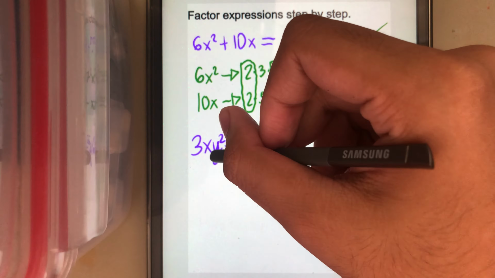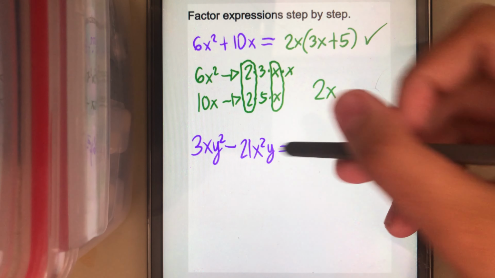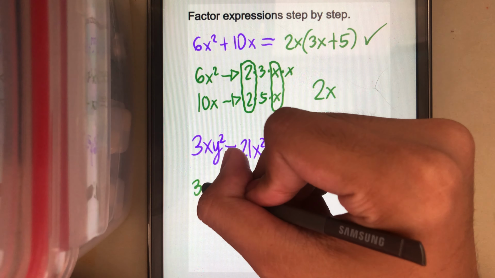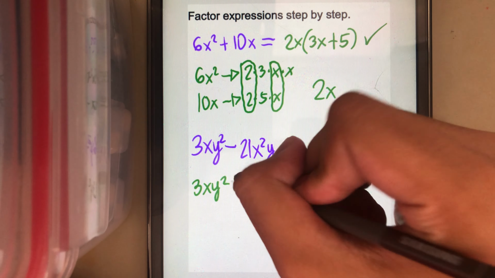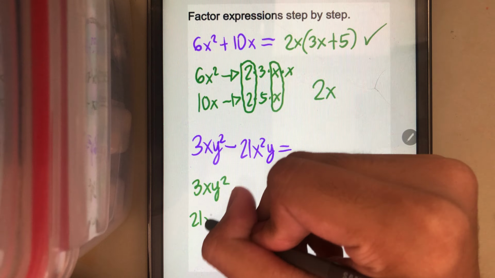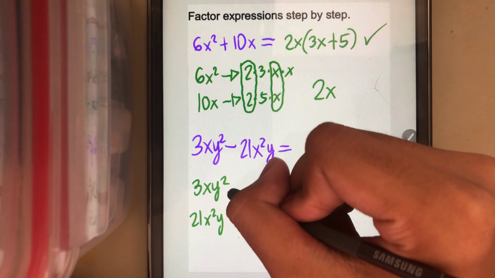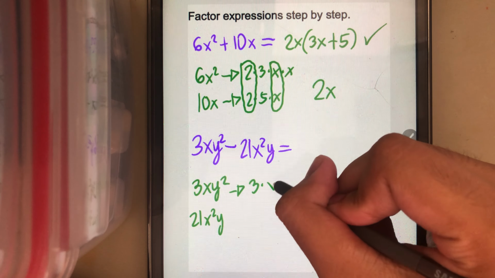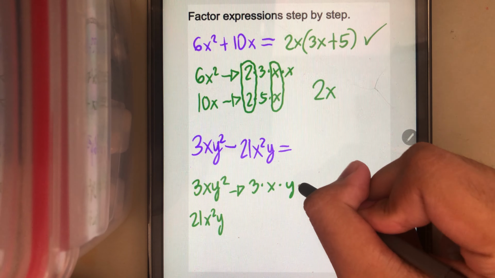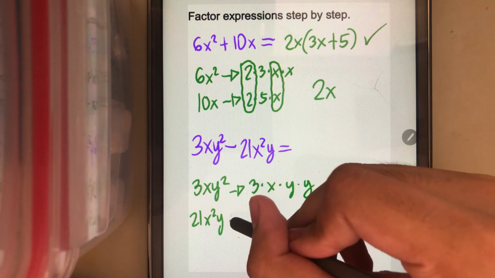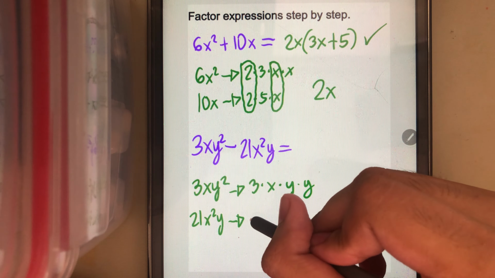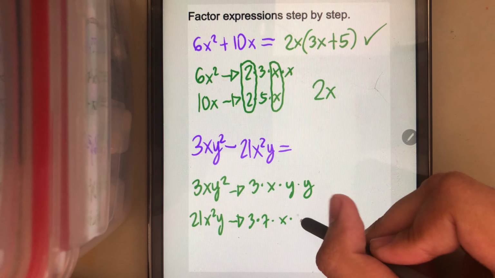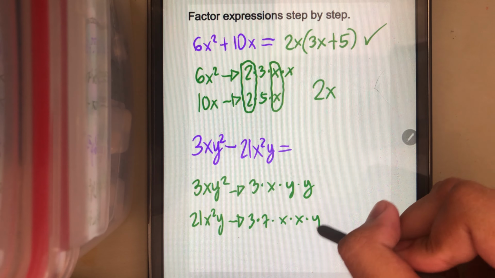Next, 3xy squared minus 21x squared y. Let's first take the factors of these two terms. 3xy squared is 3 times x times y times y. 21x squared y is 3 times 7 times x times x times y.